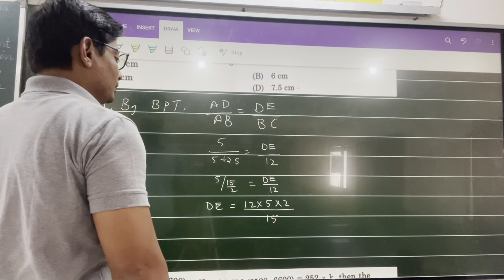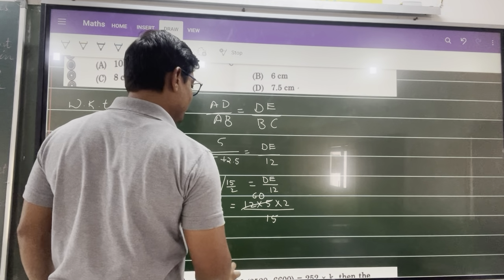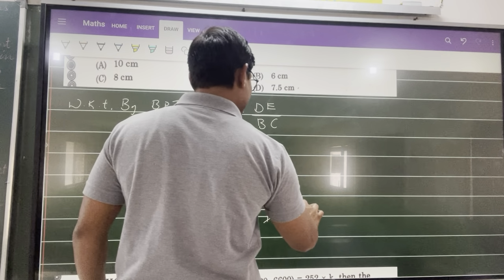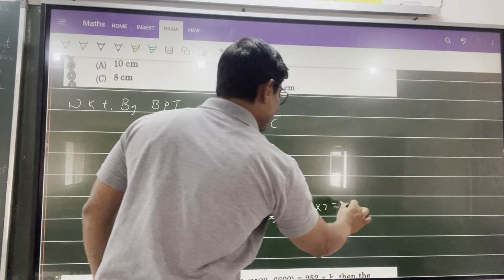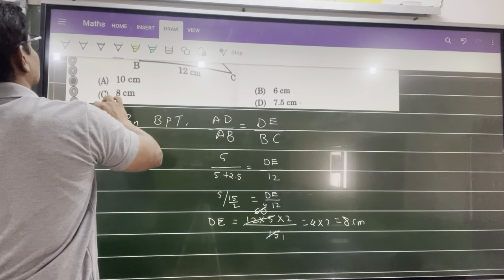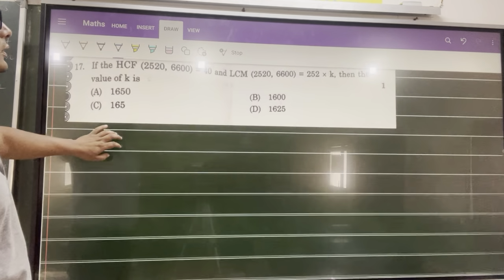Okay. So here this will become 60 total. 15 fours are 60, so you'll get 4 into 2, which is 8. So length of DE is 8 centimeter. So option C is the correct option.